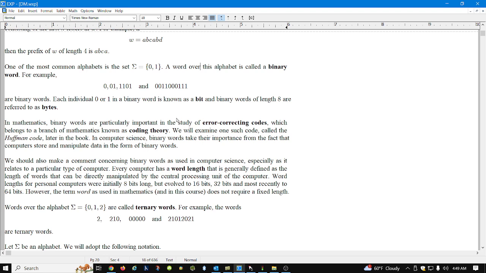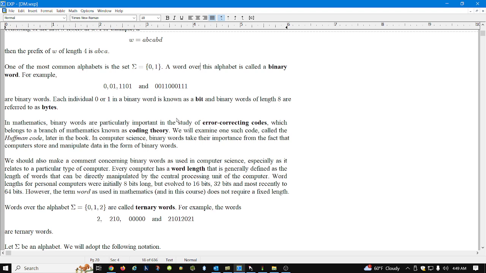In computer science, when it relates to a specific computer, every computer has what is called a word length. And that's generally defined as the length of binary words that can be directly manipulated by the central processing unit.